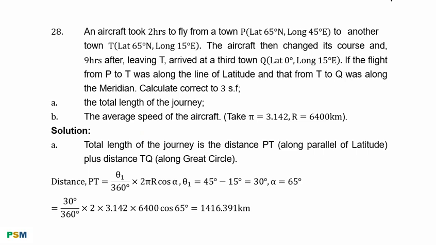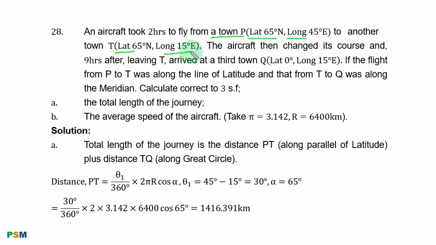Example 28. An aircraft took 2 hours to fly from a town P, latitude 65 degrees north, longitude 45 degrees east, to another town T, latitude 65 degrees north, longitude 15 degrees east.